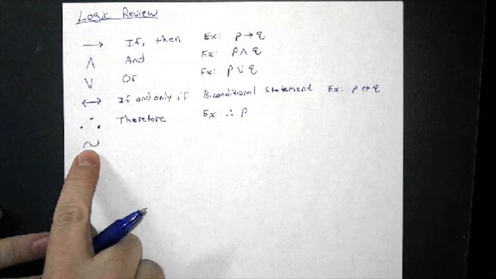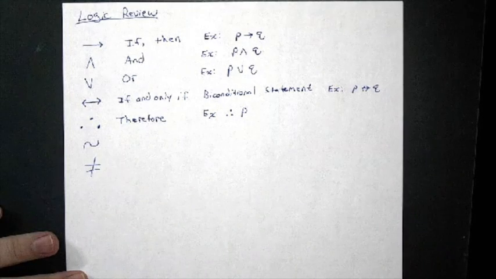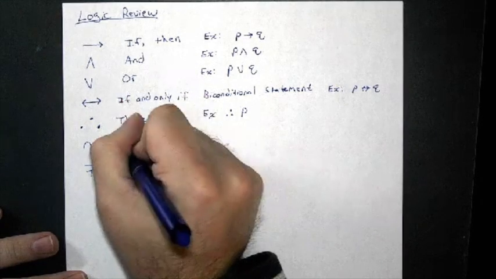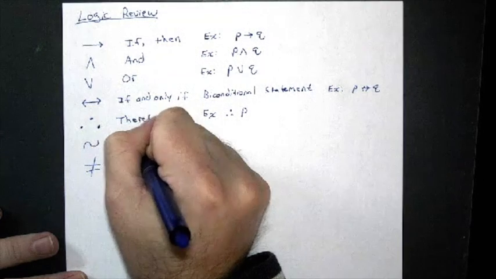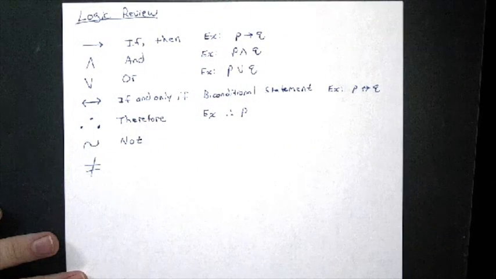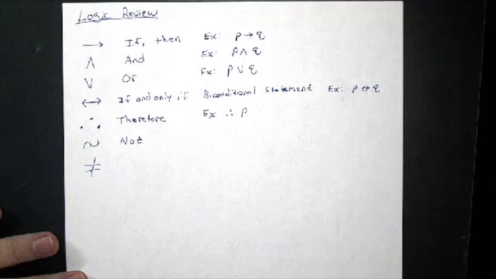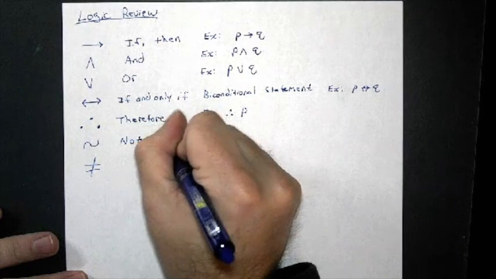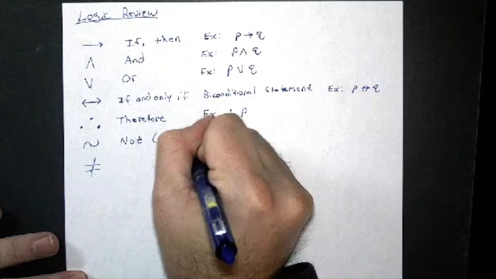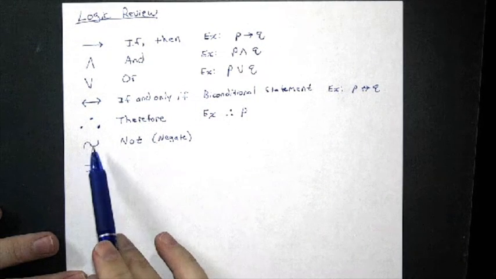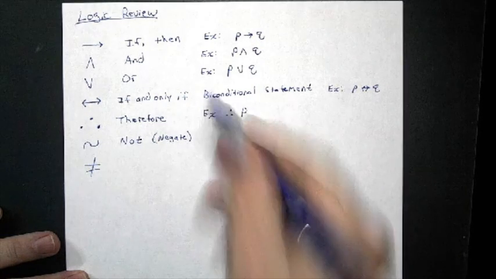The next symbol is called a tilde. That's the formal name for the symbol, but in geometry it stands for the word not or negate. So if we're going to negate something, we're going to add this in front of the letter.